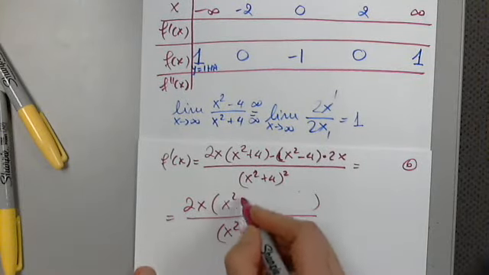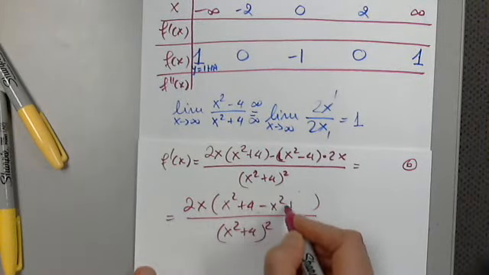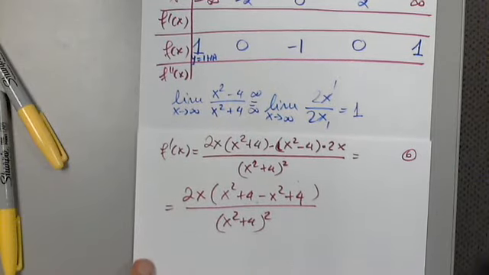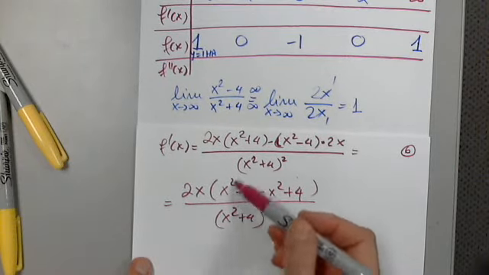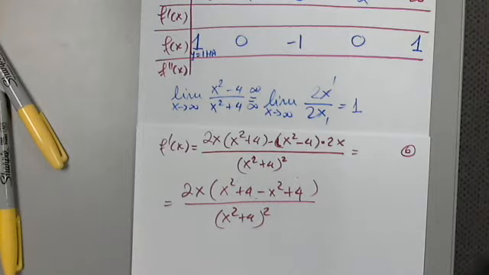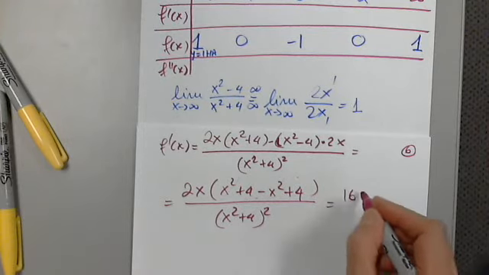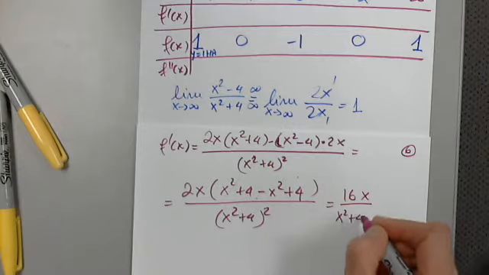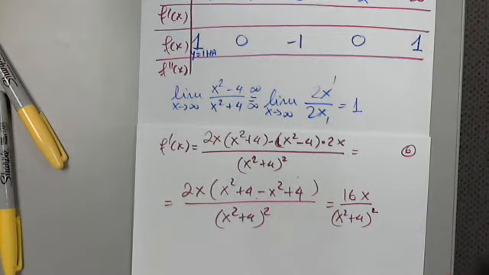So then we have x squared plus 4 minus x squared plus 4. These two go away. 4 plus 4 is 8. So this is 16x divided by (x squared plus 4) squared. Okay, that's all I needed.